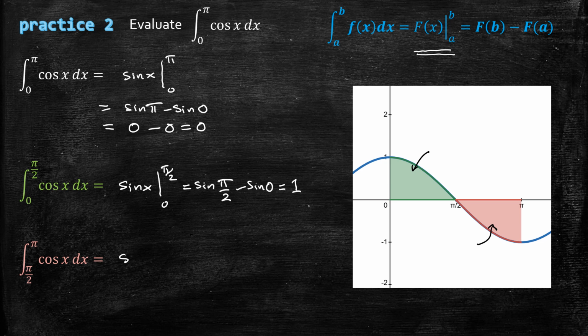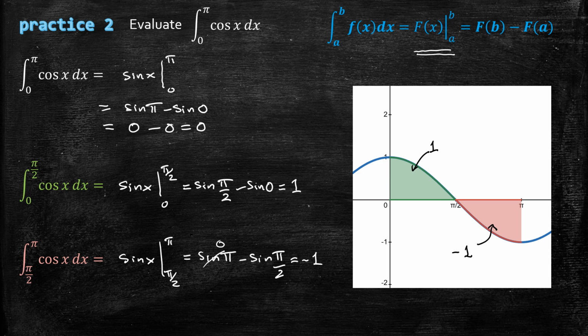So once again, sine x, pi over 2 to pi, sine pi minus sine pi over 2. And sine pi is 0, and sine pi over 2 is 1, but there's a negative there, so that's negative 1. And now it makes perfect sense that if the area of this is 1, the area of the red region is negative 1, you add them together and you get 0.